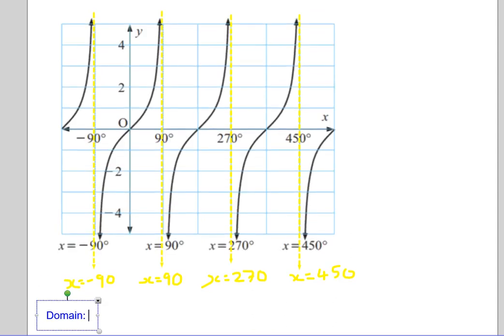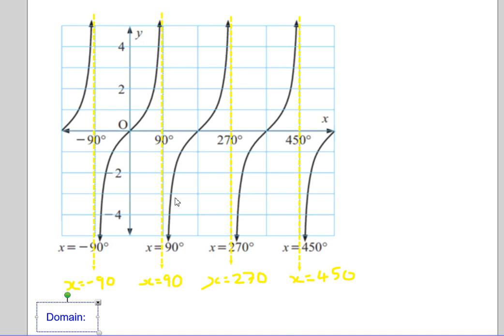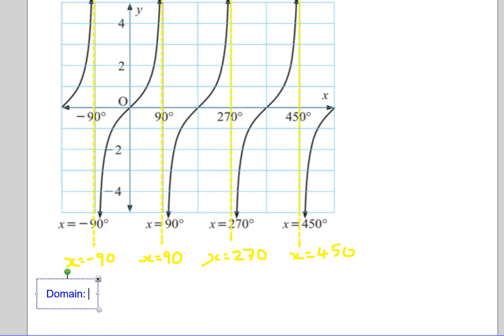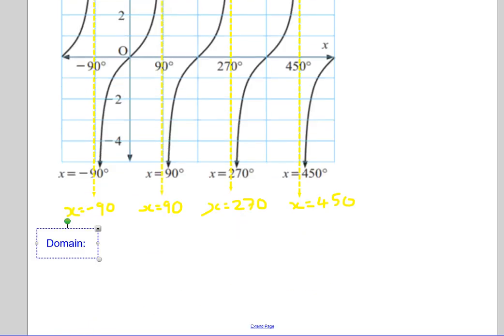So if it's all real values except for the asymptotes, you can just say values that are not those values. I'll try to show you what I mean. So the domain is x is real numbers, basically, but not things like 90. x is not equal to 90.